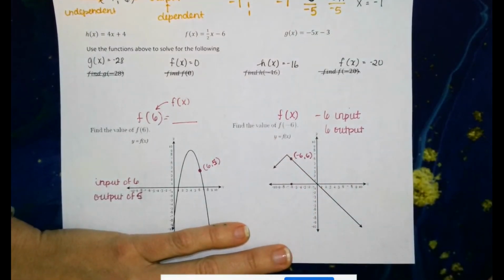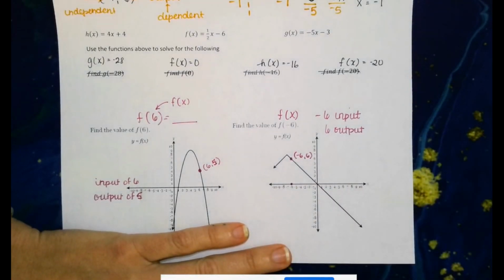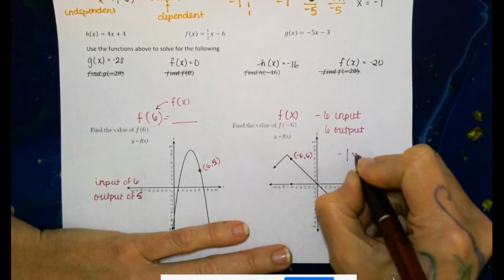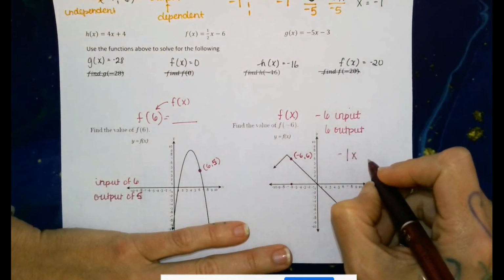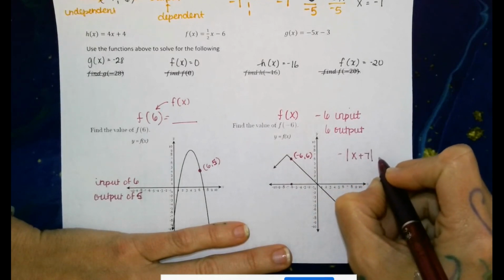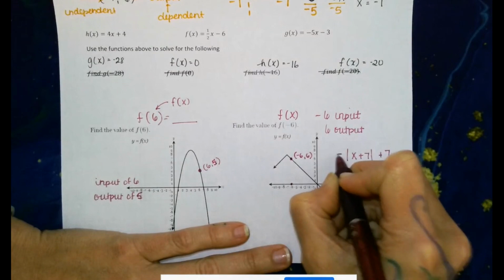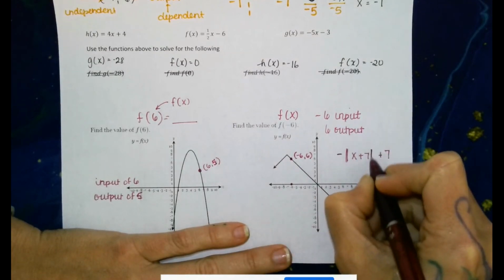positive 6. And again, this is an absolute value function, so you could have an equation where this would be plus 7. Do we remember what absolute value bars do to numbers?